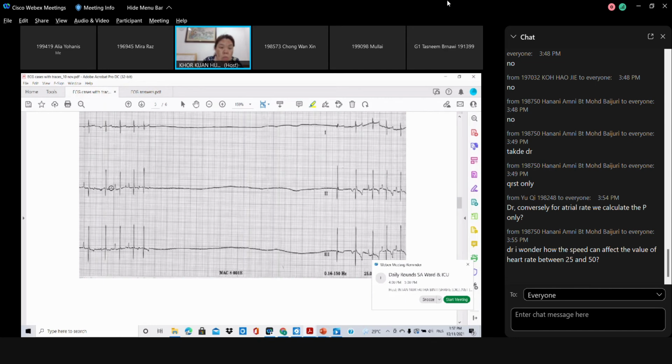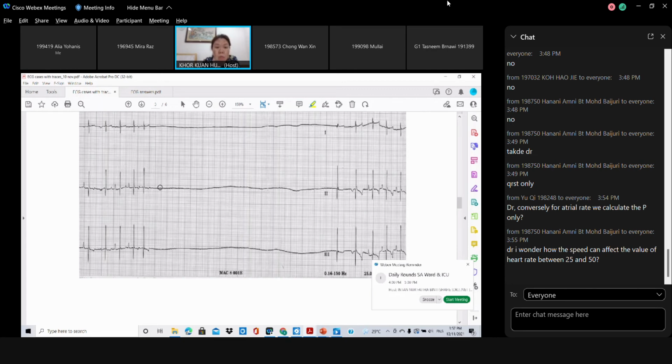So this is a T, then P, Q, R, S, T. Or maybe this is the P, the earliest, and then QRST. So this P is slightly early. So this one is atrial premature beat.